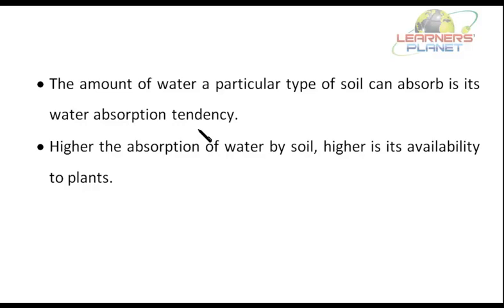Means the amount of water plays a very important role, because there are many different types of soil. So every soil type does not have the same absorption capacity. So the amount of water a particular type of soil can absorb is called its water absorption tendency.